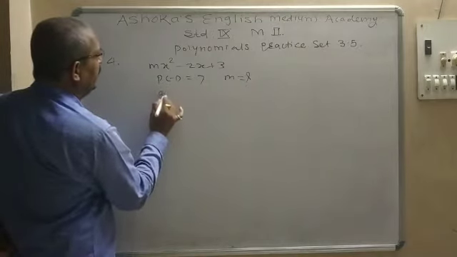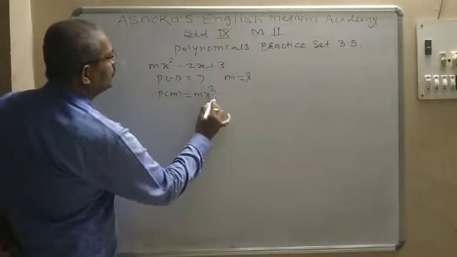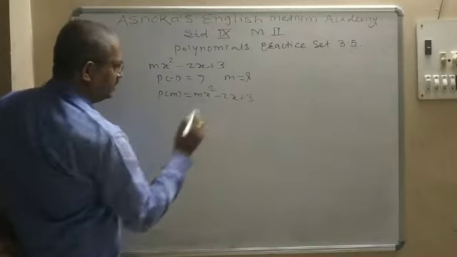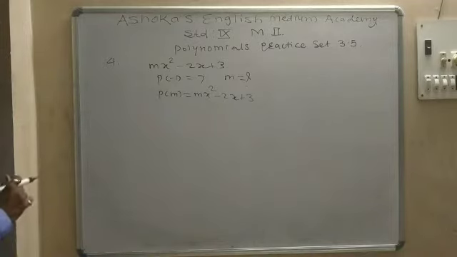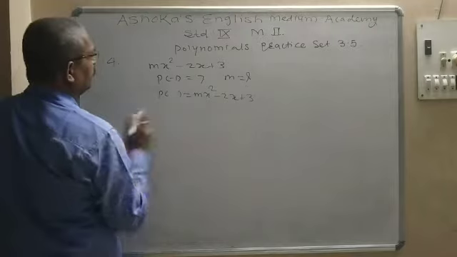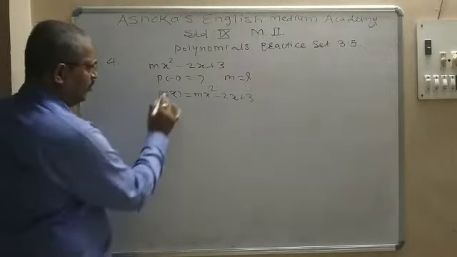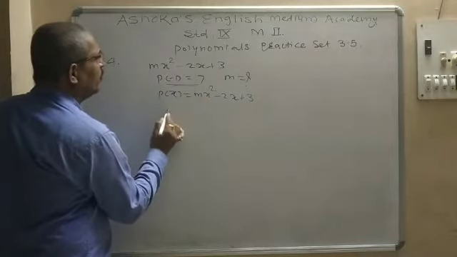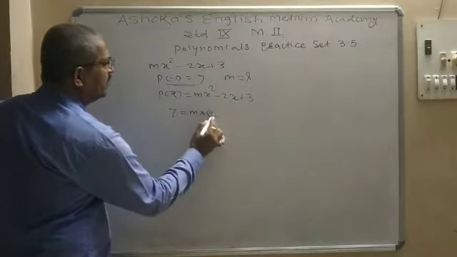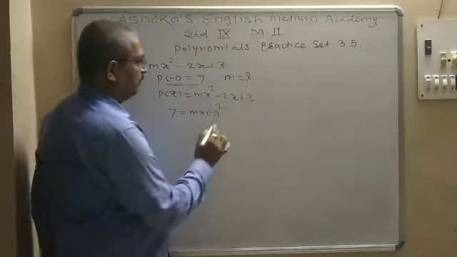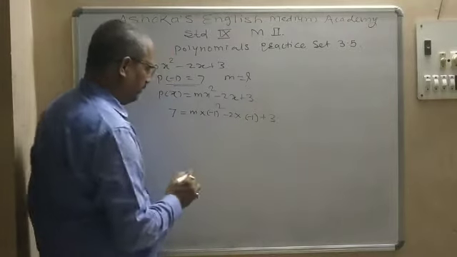Then p(x) is equal to m x raised to 2 minus 2x plus 3. The value of the polynomial is given as 7. So we will take 7 equals m into (-1) raised to 2 minus 2 into (-1) plus 3.